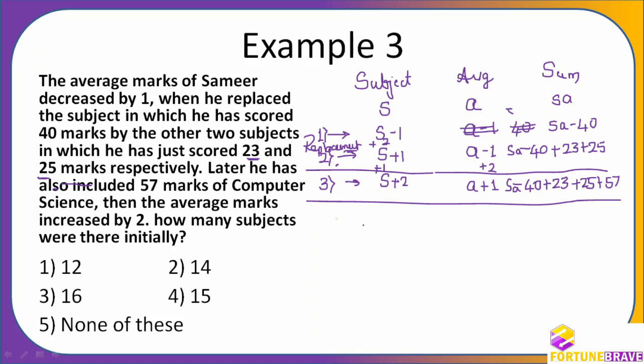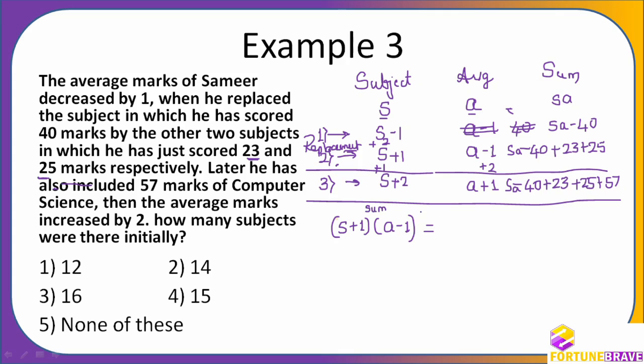Now you see, S we have taken as subjects and A we have taken as average. So when this happens, what is the new subject count and new average? This is the new sum, isn't it?